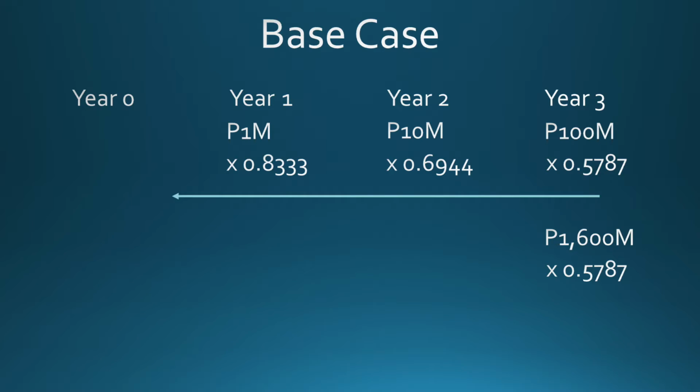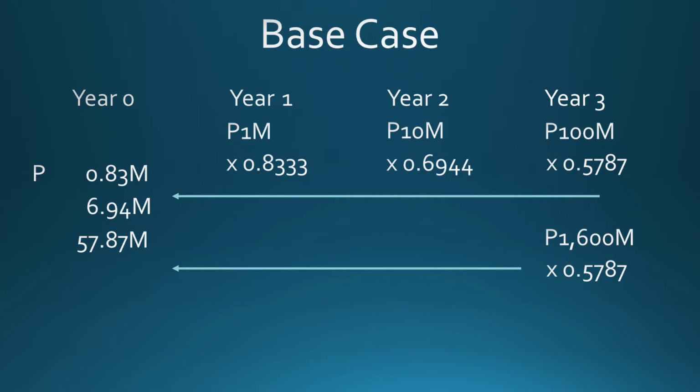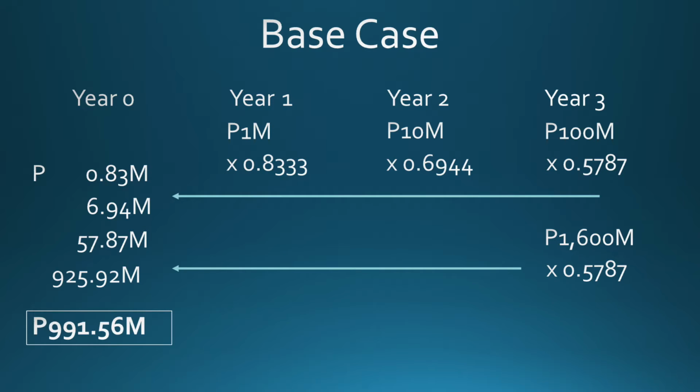We will arrive at the following figures: 0.83 million, 6.94 million, 57.87 million, and for the exit price, 925.92 million. The enterprise value under the base case scenario is 991.56 million.